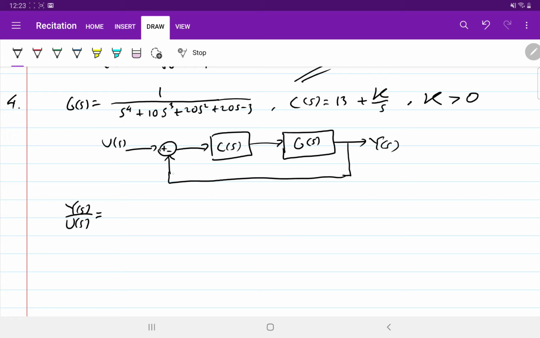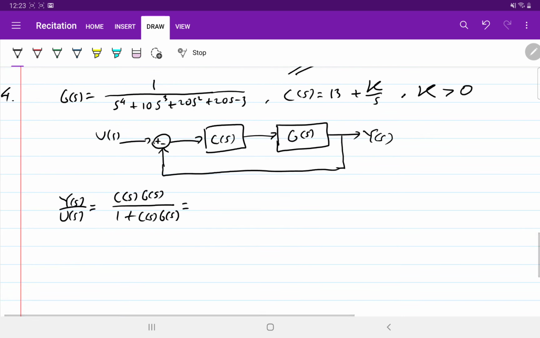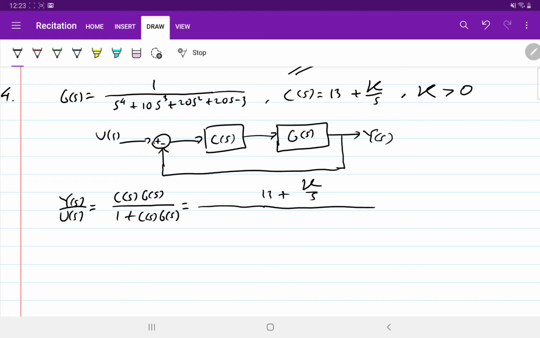Since we have negative feedback, you should remember that the transfer function is given as C of s times G of s over 1 plus C of s times G of s. Okay, so it is equivalent to (13 plus k over s) over (s to the 4 plus 10s cubed plus 20s squared plus 20s minus 3) over 1 plus (13 plus k over s).